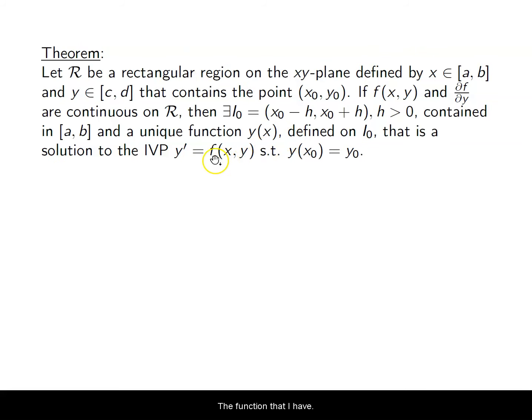So again, let's come back over here to our definition. The function that I have when I set the derivative of y equal to everything else, and the first derivative. For my example, they're continuous, and their overlapping domains is that region that I'm specifying.